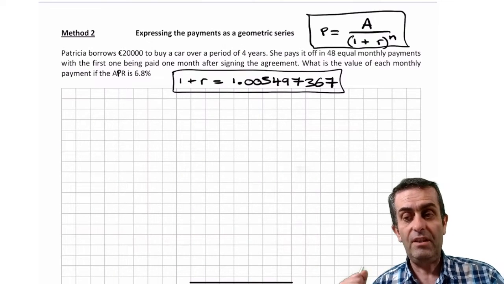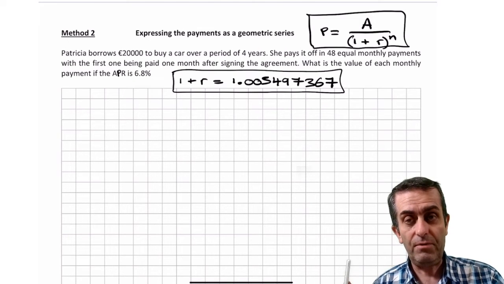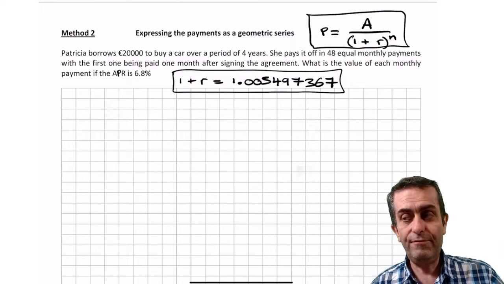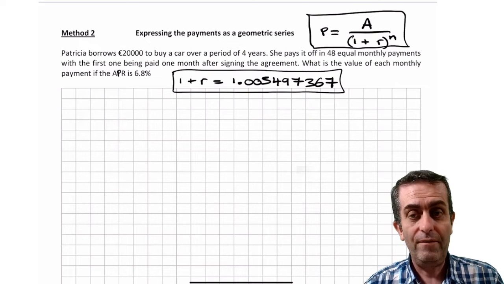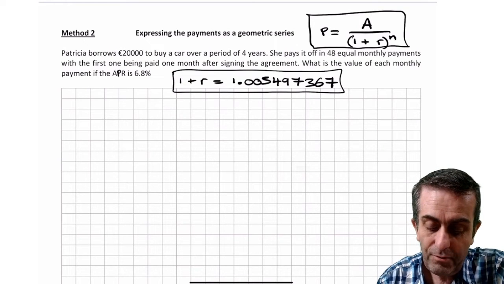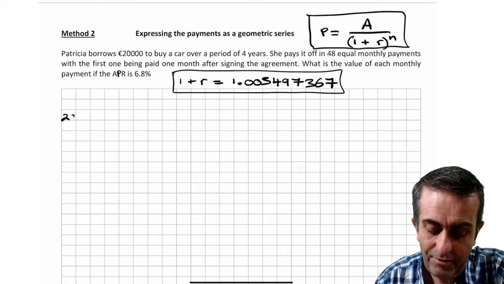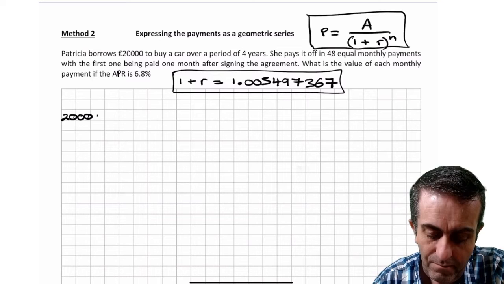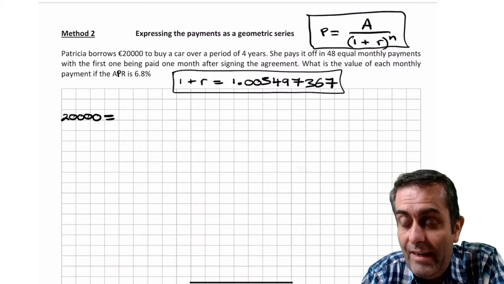Okay? So the initial value of the loan is equal to the sum of the present values of all future payments made against the loan. And as I said, that's going to be our technique for this question. Now, the initial value of the loan is €20,000. So that was the initial amount of money that was borrowed by this lady, Patricia.